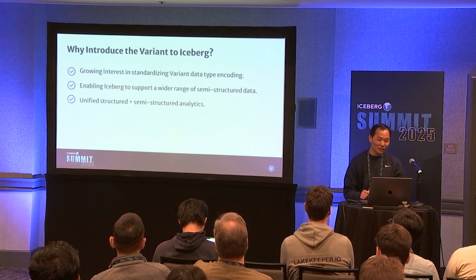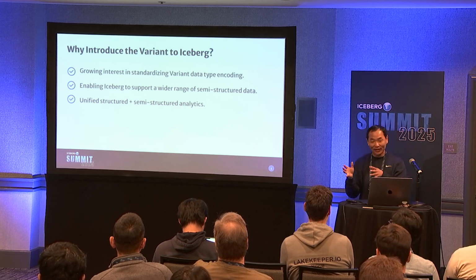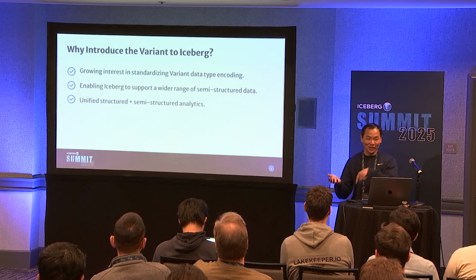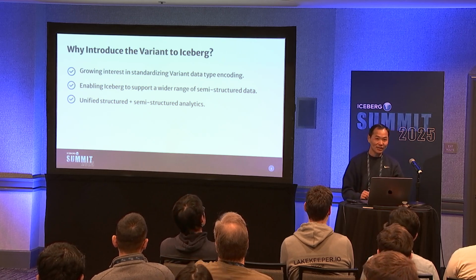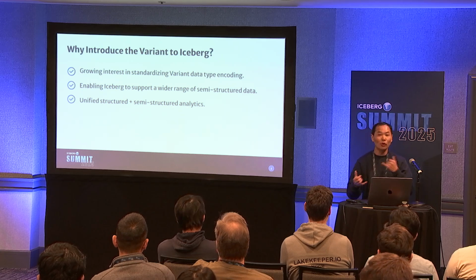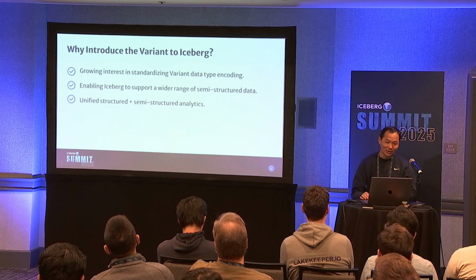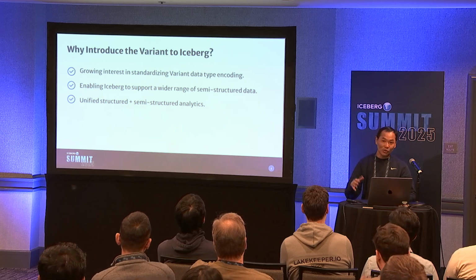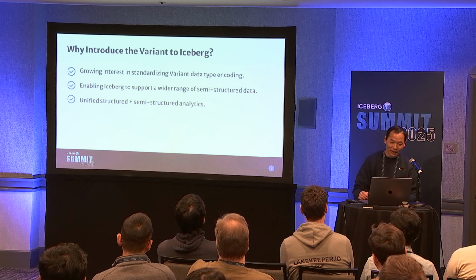If you want to move from one engine to another, you have to reload, right? Encode and decode, and then load into another engine. Iceberg, as a standard table format, lets you avoid such reloading. So that's a purpose. If we introduce variant into Iceberg, you can also avoid similar data reloading.